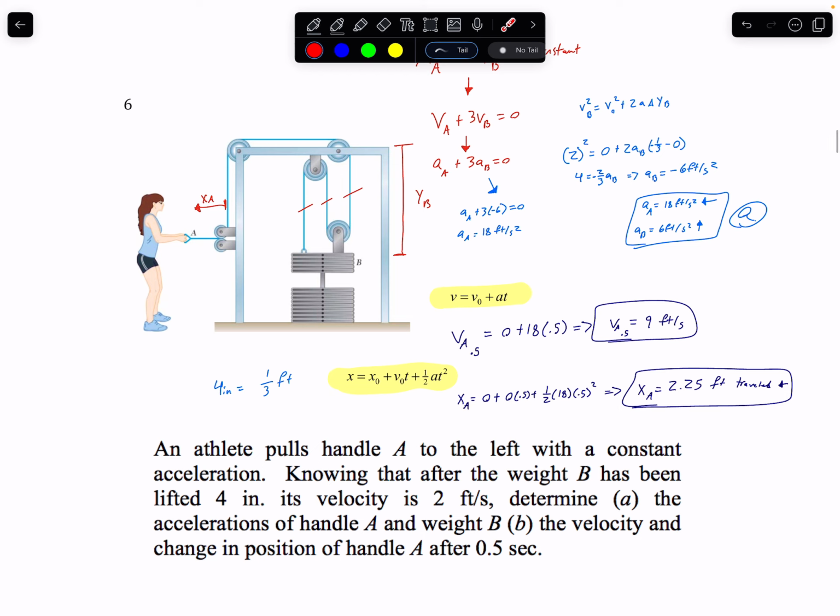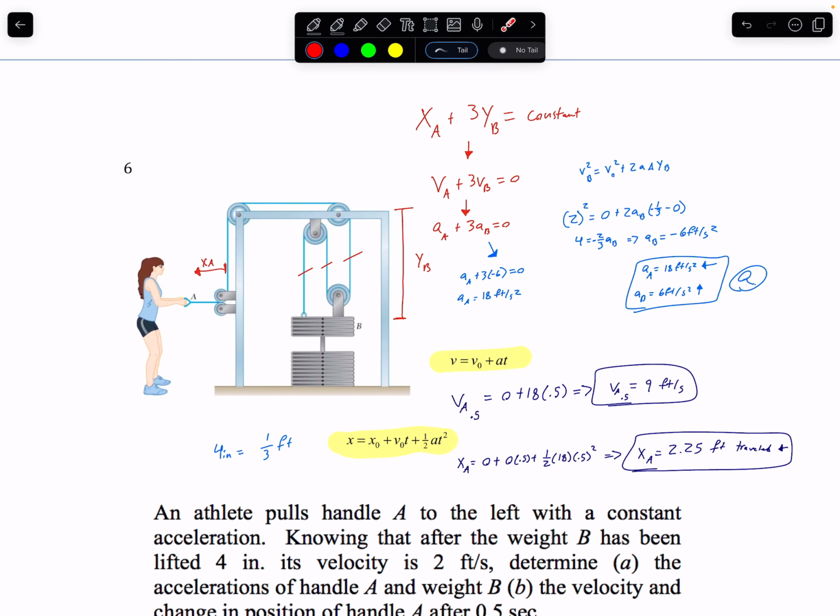Since we know the initial velocity of B, which means all three of these ropes are moving at the same rate, we can use this equation. Sorry, I should make sure I'm using my orders correctly. We can use that to find the acceleration in A. We could have done either order, potentially.